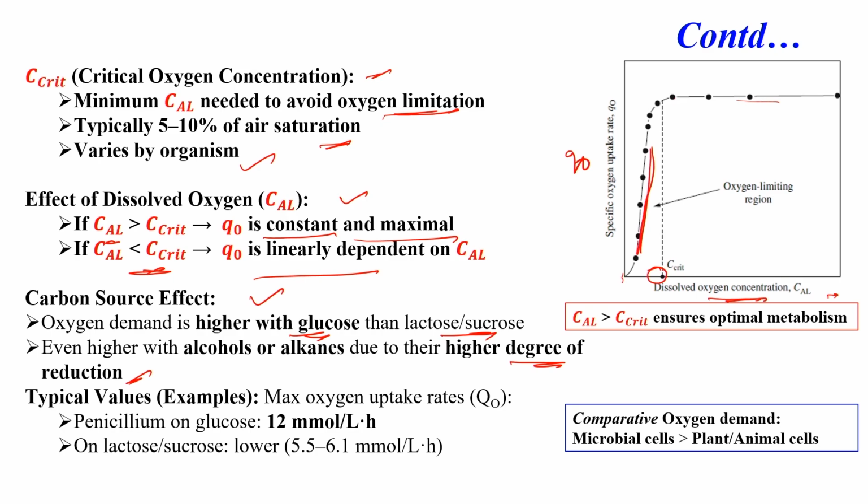If you remember in the stoichiometry, by balancing the degree of reduction, we are able to calculate the oxygen requirement. For example, if you are growing penicillin on glucose, the Q naught value is 12 millimole per liter per hour, but if I am growing on sucrose or lactose, its value is almost half, 5.5 to 6.1 millimole per liter per hour.